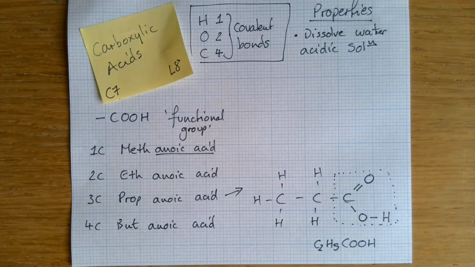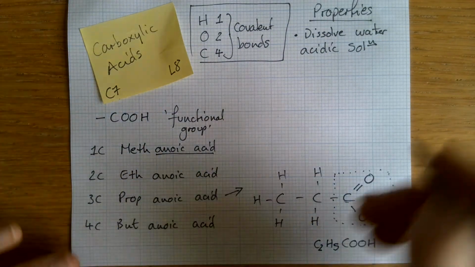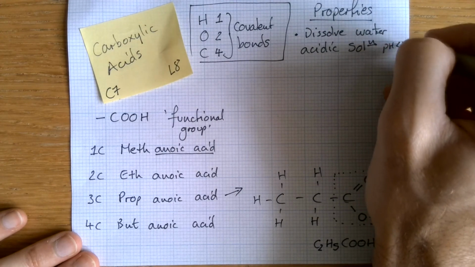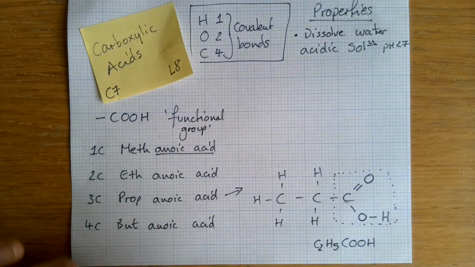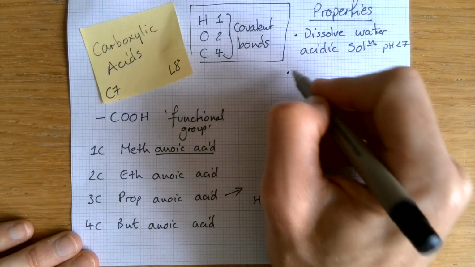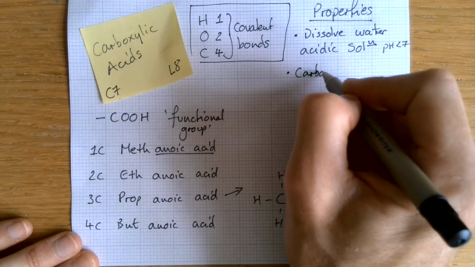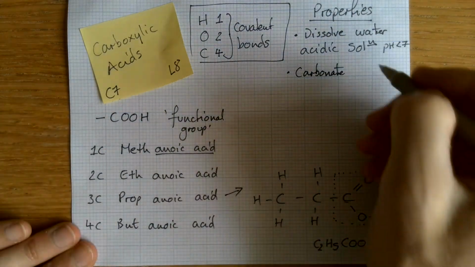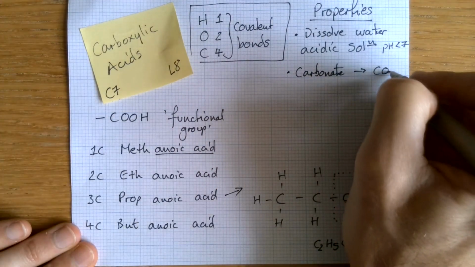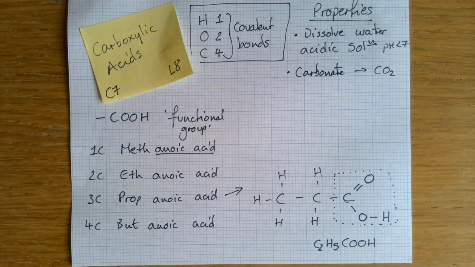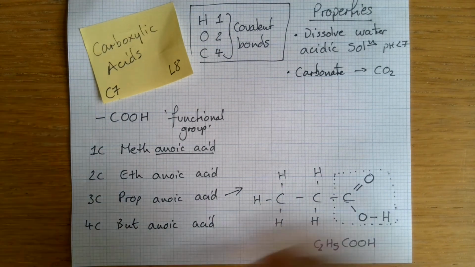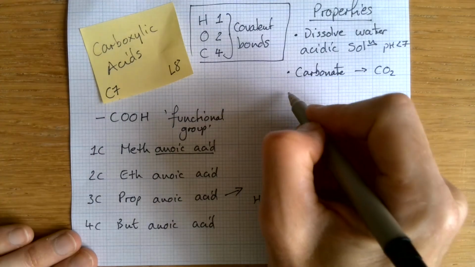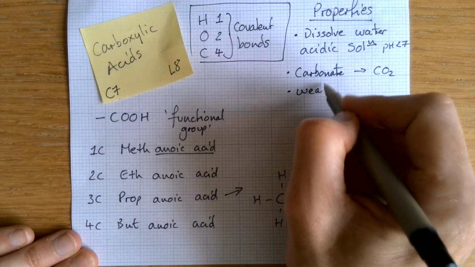So we write Sol with a superscript n on that, and it means then that you're going to get a pH less than 7. If you react them with a carbonate, calcium carbonate, lithium carbonate, any one of the carbonates, then you're going to make some CO2, and you can use lime water to test for that. You'll get some fizzing happening, because you get an acid reacting with the carbonate.